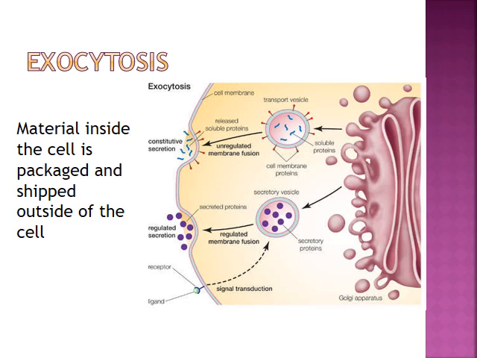Exo means out, cyto is cell, and osis means action, so outside cell action. What happens is we've got, for exocytosis, we're packing things up in the Golgi apparatus for secretion, individual molecules. Those are being sent in a vesicle over to the membrane, where they're released to the outside.